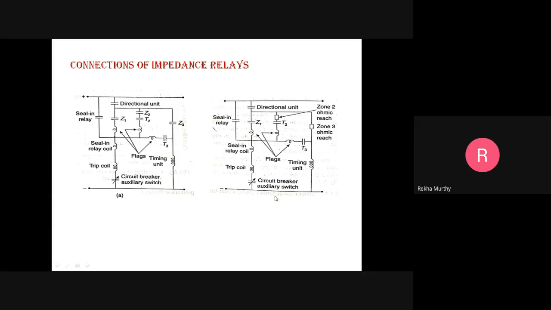The circuit depends upon what I shared in the previous session about the impedance characteristics with the three zones, where the fault has occurred, and the respective coils getting energized with the respective times and the respective relay operating. We have to take that into consideration. This completes how the connections have been done.